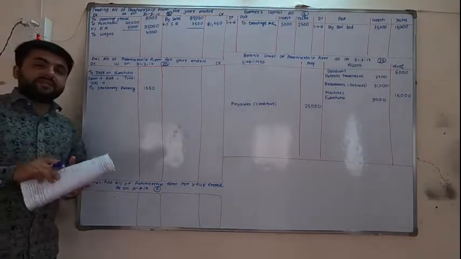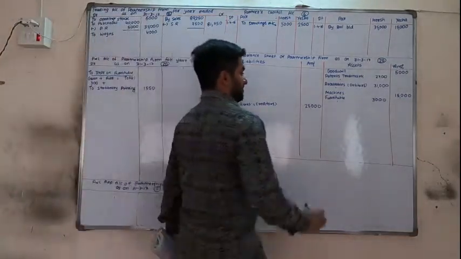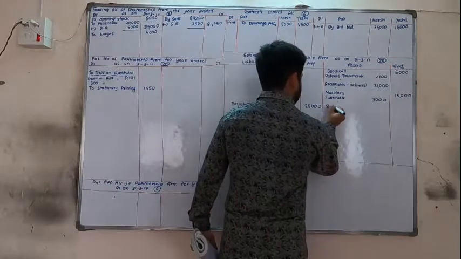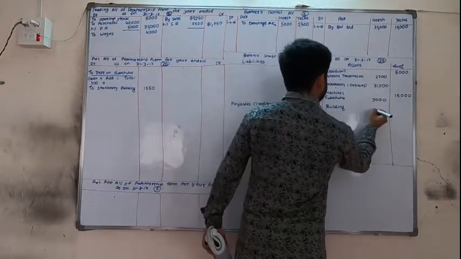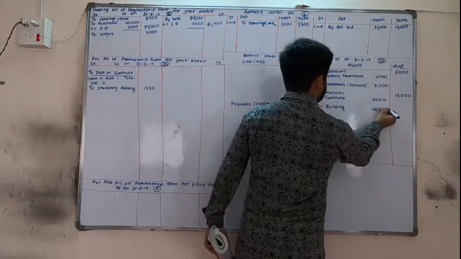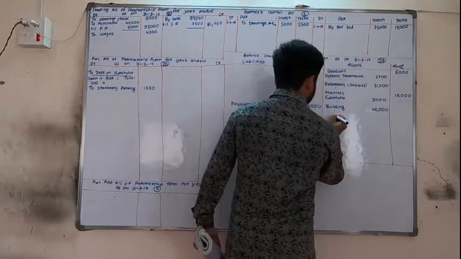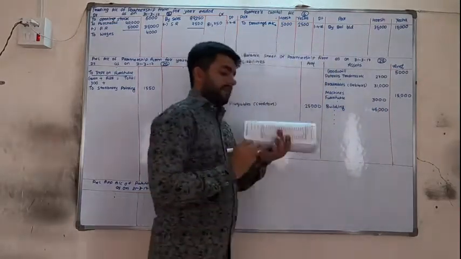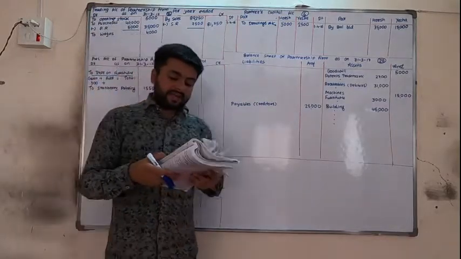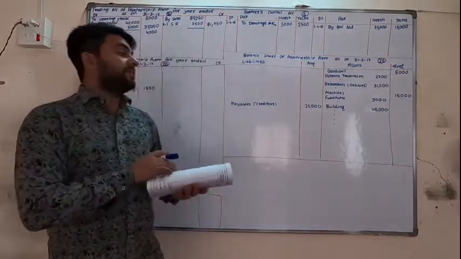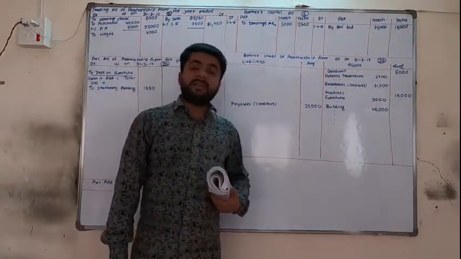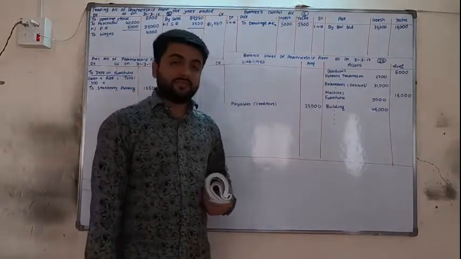Next we are having building. Building is our asset. So on the asset side, building in the inner column 46,000. Now 1, 2, 3, 4, leaving 4 lines because in building we are having adjustment number 2 and adjustment number 4. So building in the inner column 46,000.